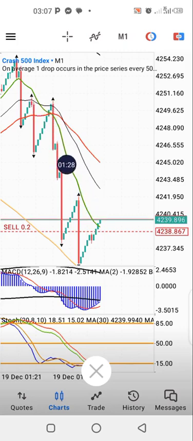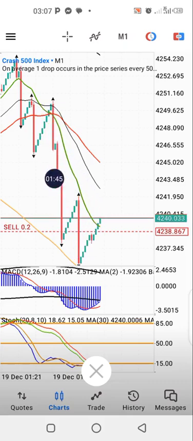Once you see this green moving average below, or above the price, once you see the red one cross and the black one cross over the green, it means it's time to catch spikes, or to catch a spike, whichever one. Either you catch one spike or you catch multiple spikes, depending on how the market direction is.